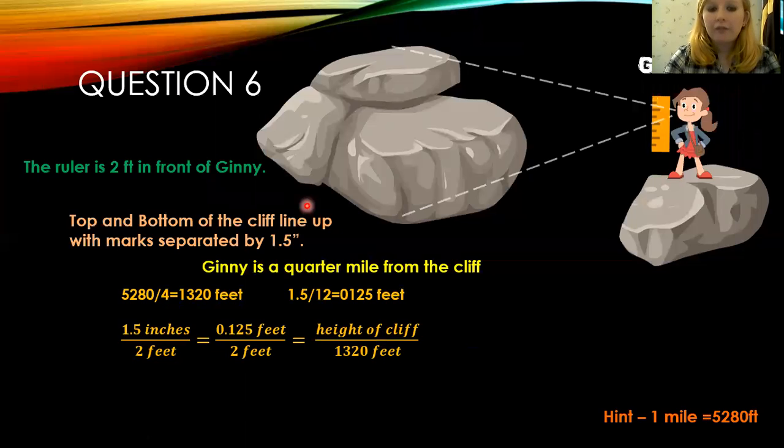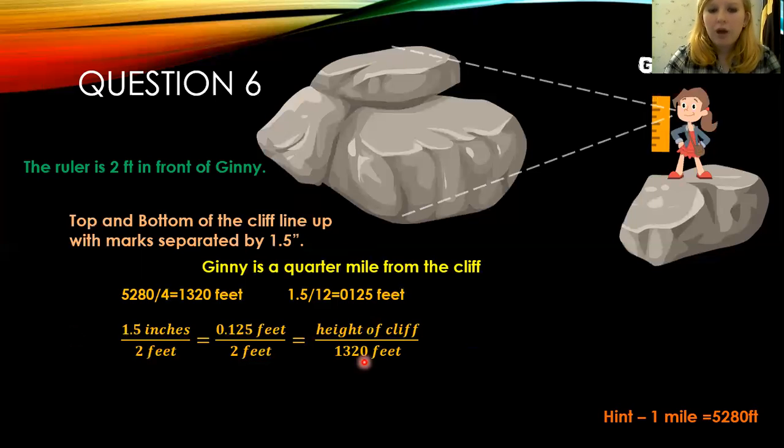So 1.5 divided by 12, since there are 12 inches in a foot, will give you 0.125 feet. So when you plug it into the equation, it'll be 1.25 feet over 2 feet equals the height of the cliff over 1,320 feet.